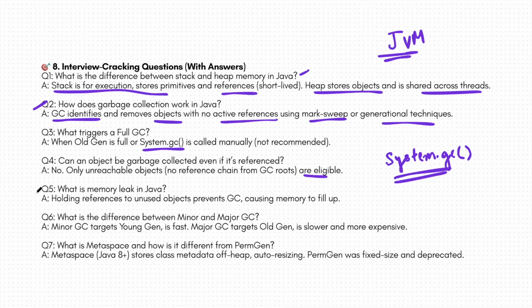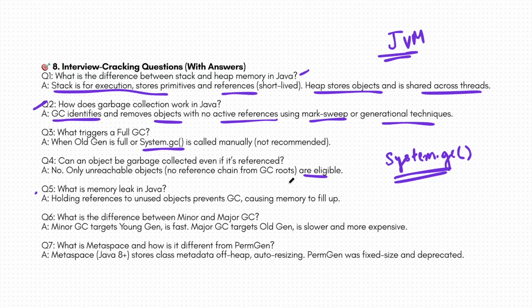Okay. What is a memory leak? So a memory leak is holding references to unused objects, which prevents the garbage collector from reclaiming them, causing memory to fill up. Okay. So this is a very important question which as a tester you might have seen, or you might have faced in an interview.